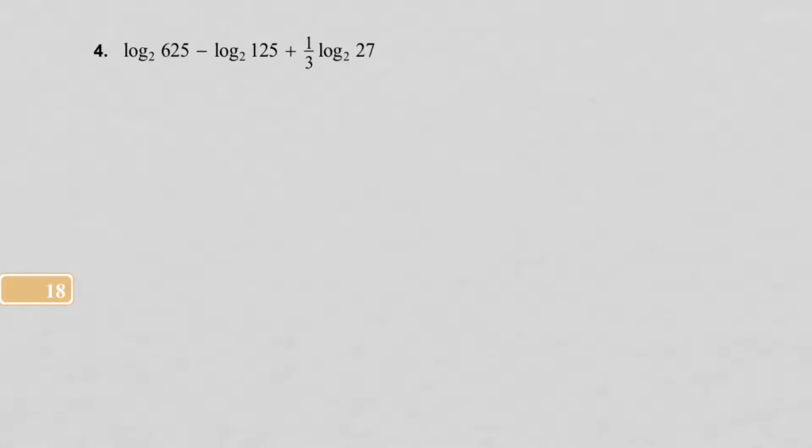This one is much the same, but it looks more complicated just because there's 3 terms there. So I'm going to break this up. I'm just going to look at this part, and then I'll deal with the other one. So first, let's look at it all. This is the only one that can become an exponent.